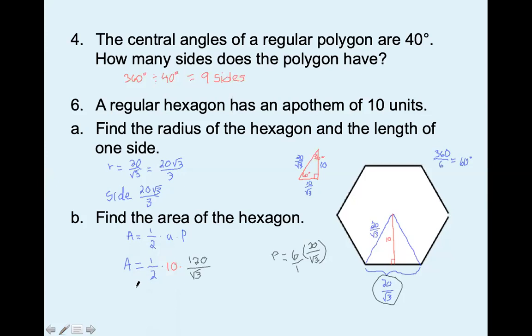I can write down here then that my area is equal to half of 10 is 5, 5 times 120 would be 600 over the square root of 3.